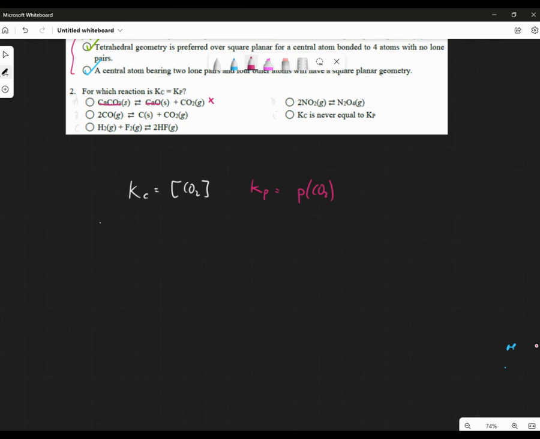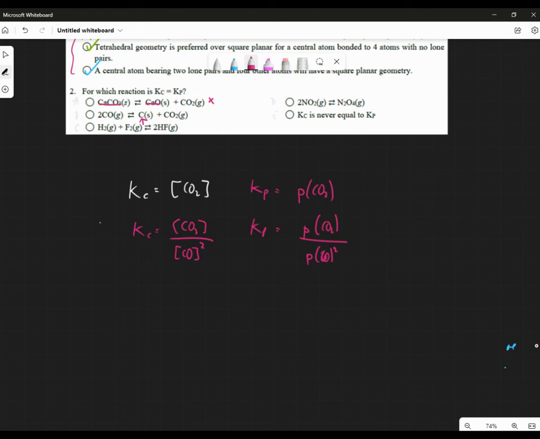Number 2, the Kc is going to equal the concentration of carbon dioxide divided by the concentration of carbon monoxide squared. We ignore the carbon there because it's a solid. The Kp is the partial pressure of carbon dioxide divided by the partial pressure of carbon monoxide squared.